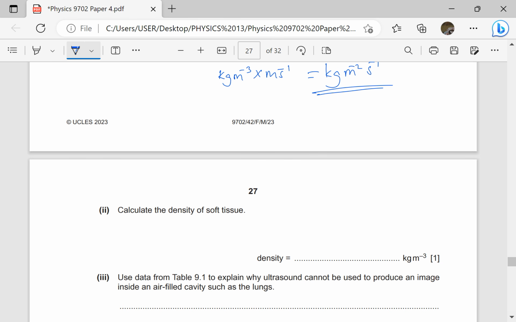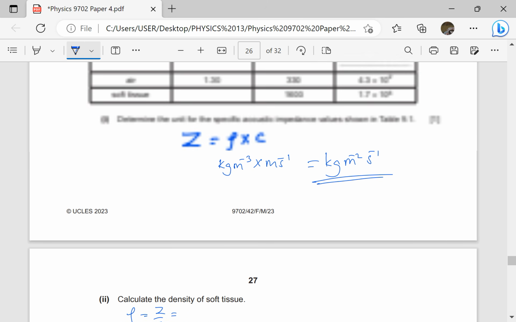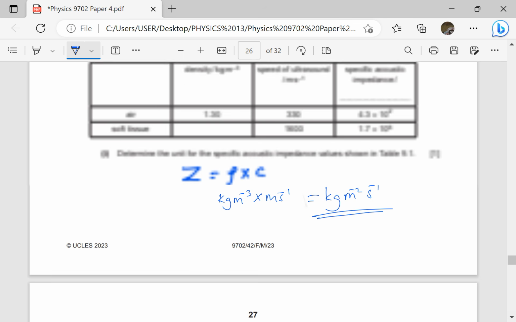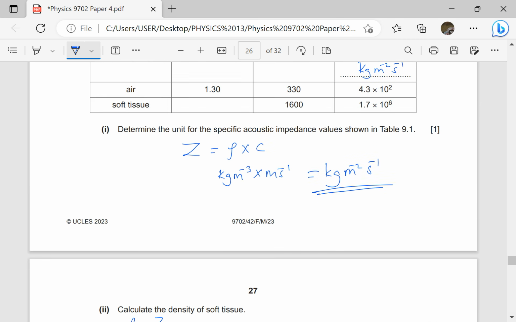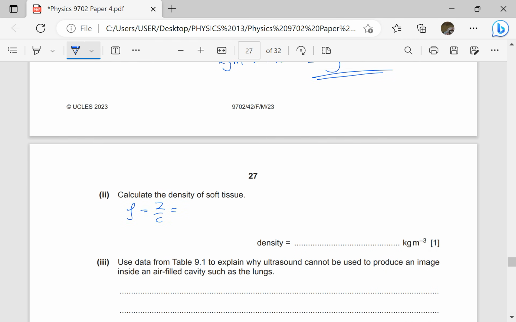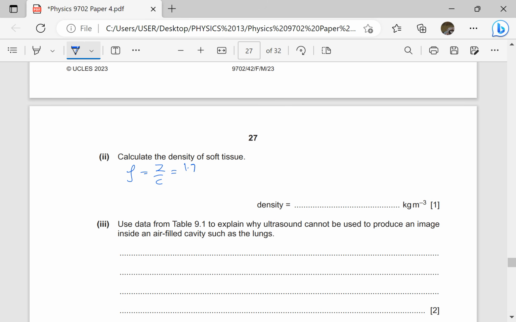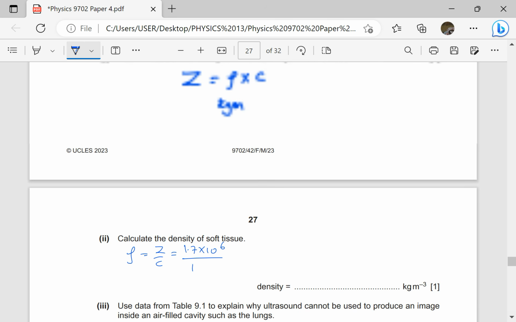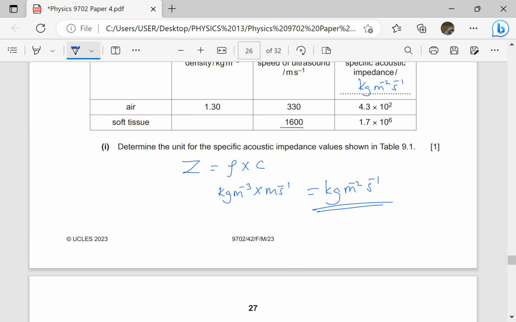Calculate the density of soft tissue. So density is going to be acoustic impedance divided by C. I think our soft tissue is 1.7 times 10 power 6, over C, the speed in that medium, which is 1600.